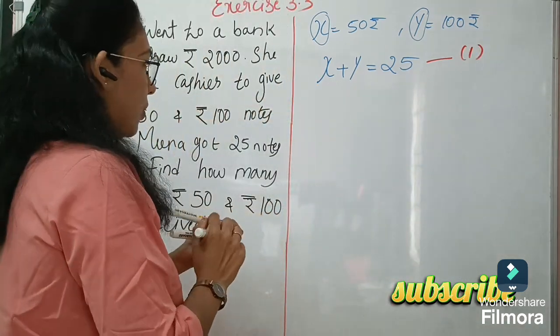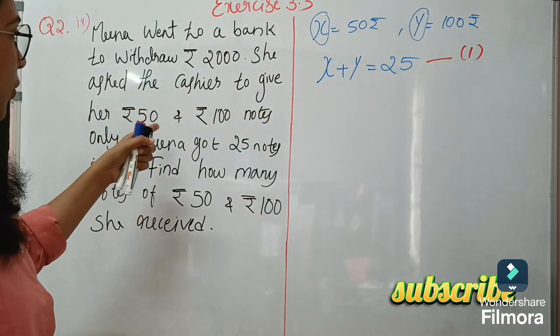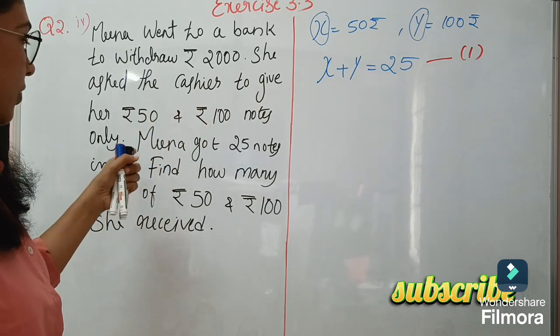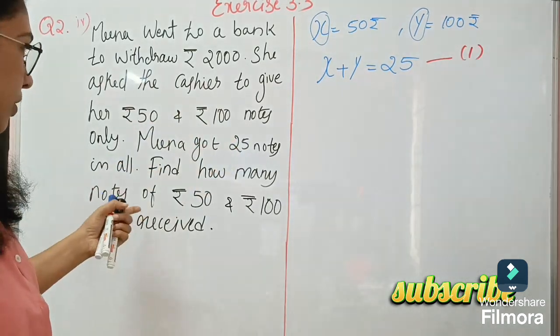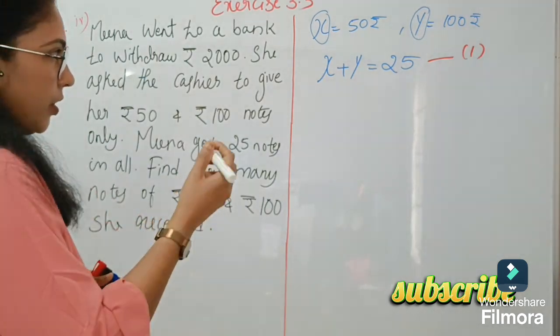Next, she asked the cashier to give her 50 rupees and 100 rupees notes only. Meena got 25 notes in all. Find how many notes of 50 rupees and 100 rupees she received.